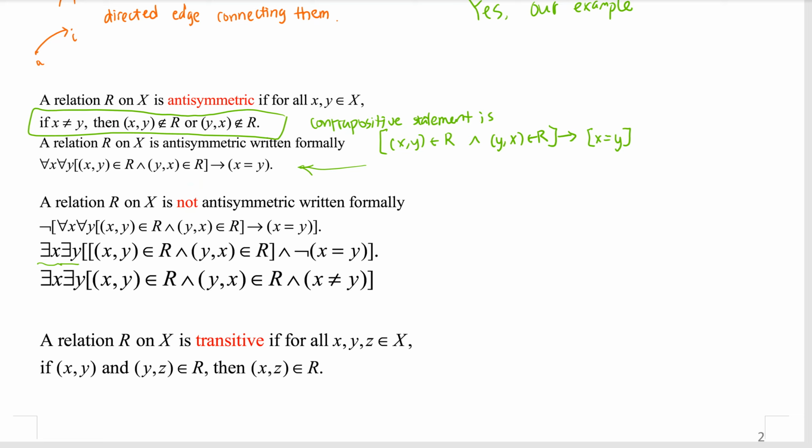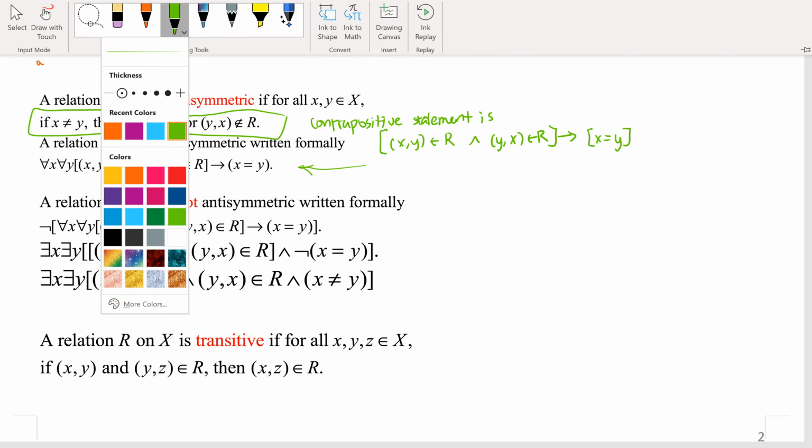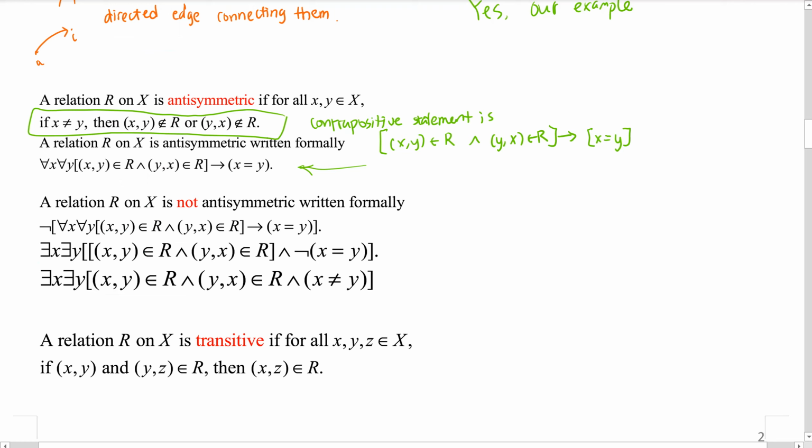Let me remind you, using a different color. Do you remember that P implies Q is equivalent to not P or Q?